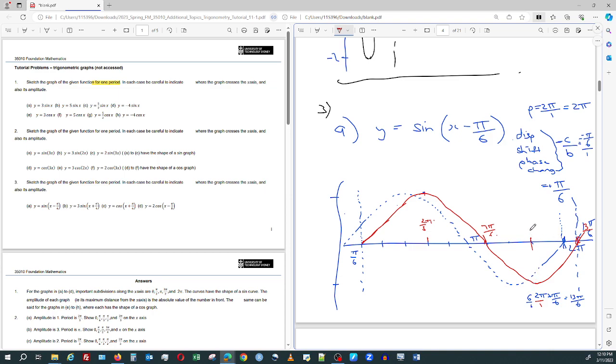What about this one here? We'll break up pi into 1, 2, 3, 4, 5. There's another one there. So this one here is a little bit wide. I've just been a little bit careless in the application of that, so I needed to be more careful.